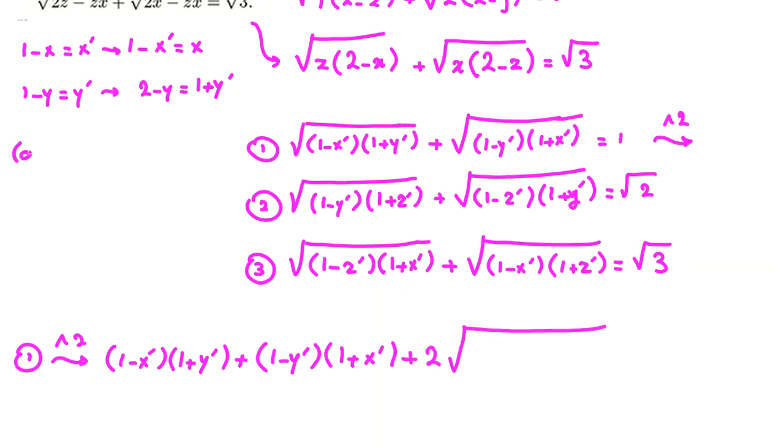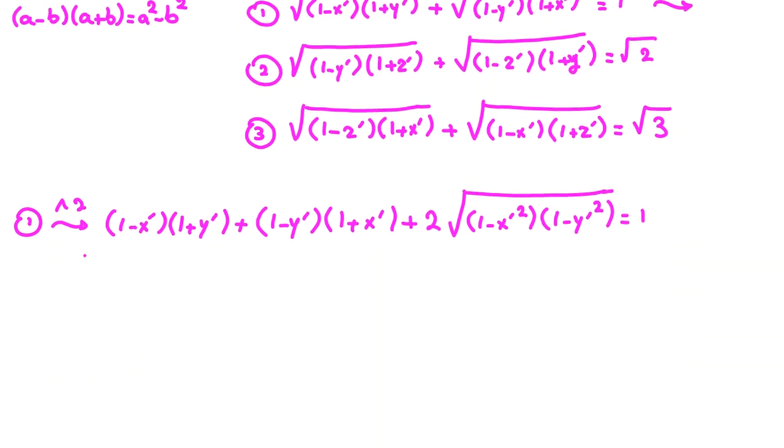Let me tell you something. We know that a minus b times a plus b equals a squared minus b squared, a simple and famous identity. So when you multiply this by this, 1 minus x prime times 1 plus x prime will be 1 minus x prime squared, and 1 plus y prime times 1 minus y prime is 1 minus y prime squared, equal to 1.